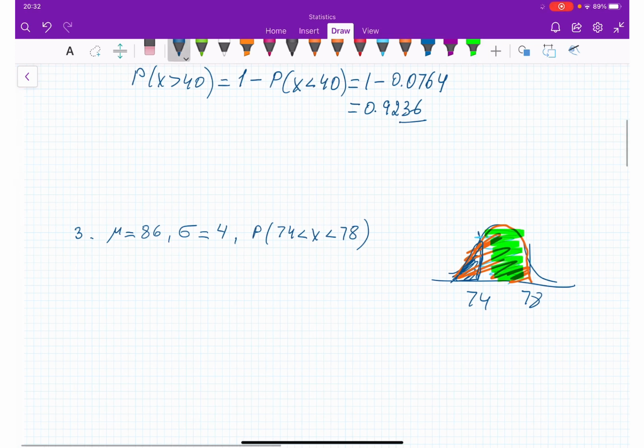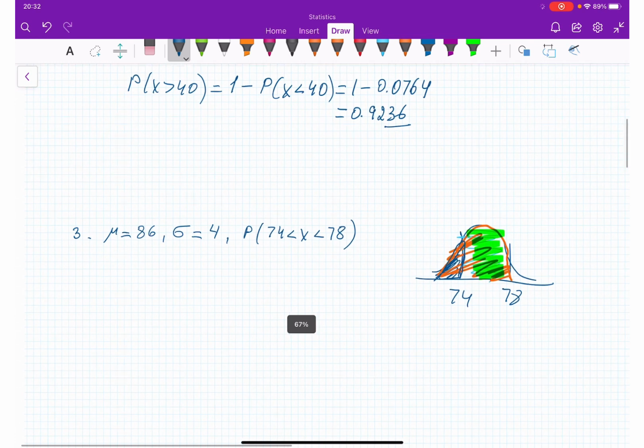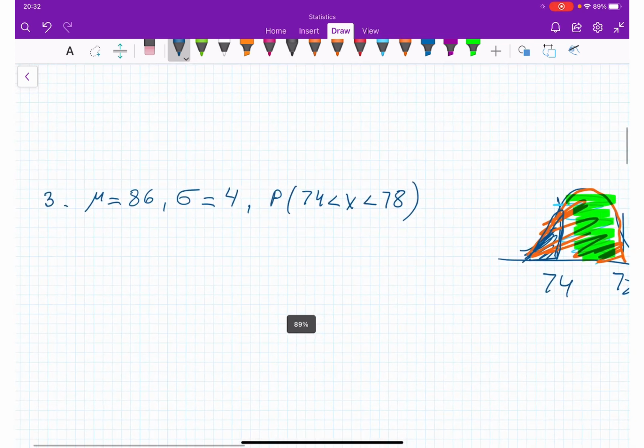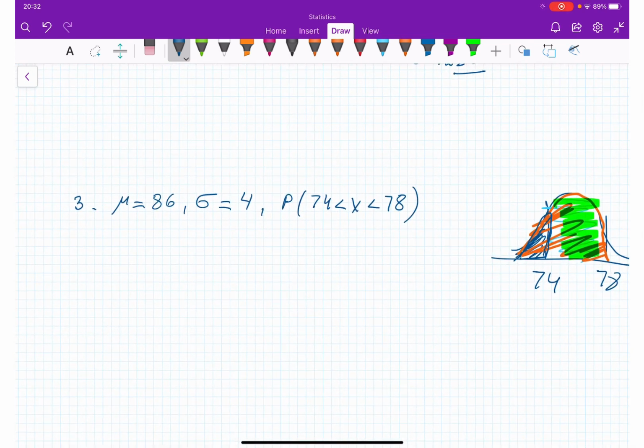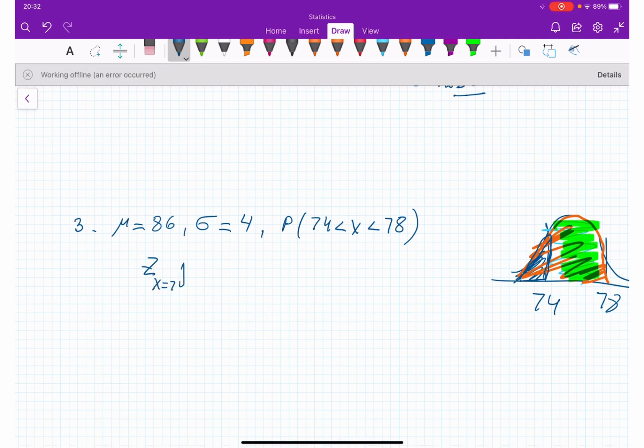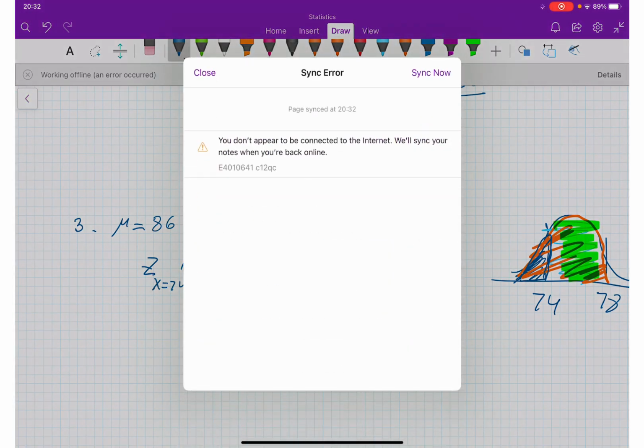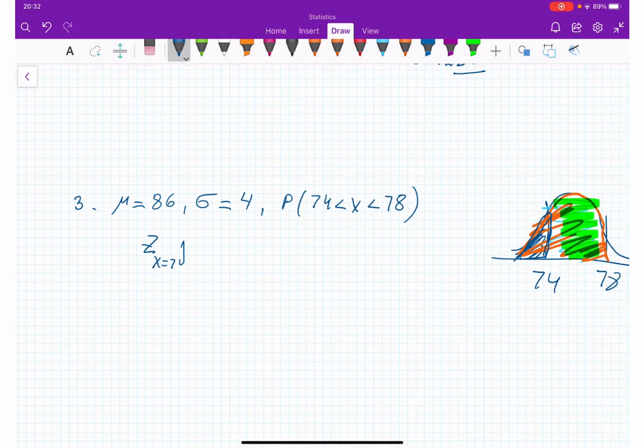They say it's better once to see than 10 times to hear, right? So z1, let's put z for x equal to 74.